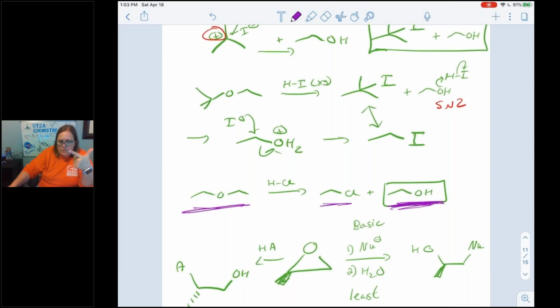Primary, SN2, E2, depending on what acid's present. Secondary and tertiaries, SN1 and E1, depending again on which acid is present. And so again, you have to be able to tell what type of intermediate species can be formed given this specific substrate.